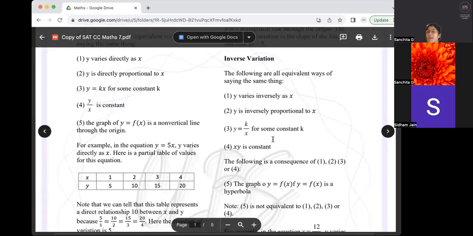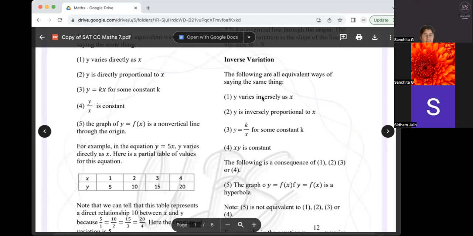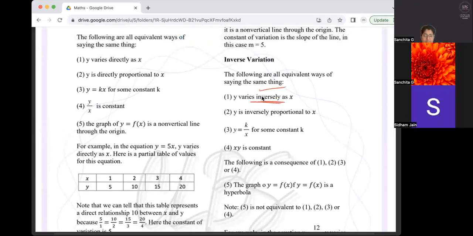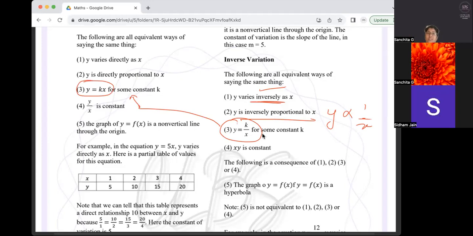Now, y varies inversely as x, can I say that? The technical term is inversely proportional. Y is inversely proportional to x. Now see, for direct variation, my equation is y is equal to kx. But for indirect, if one is increasing, the other will decrease.